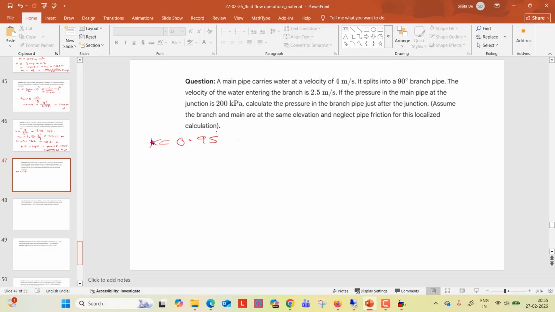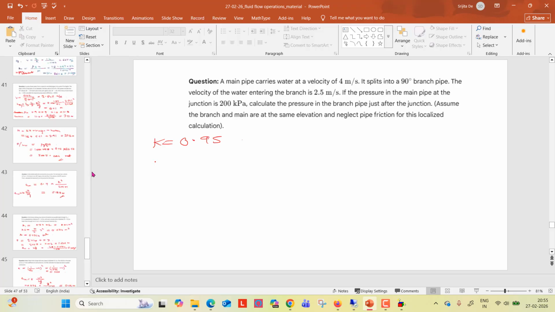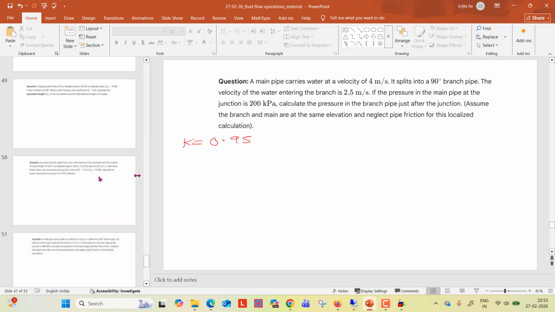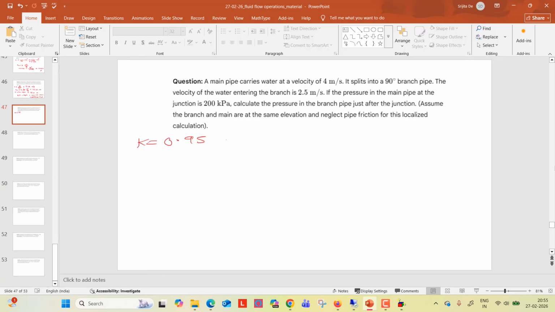So now the minor loss is coming K, that is 0.95 into U, which is given as 2.5 square, because it is in the branch junction.